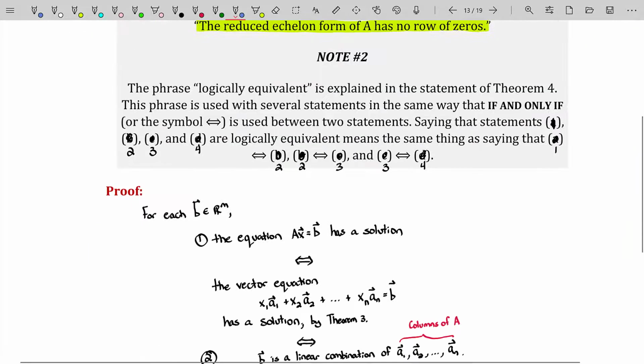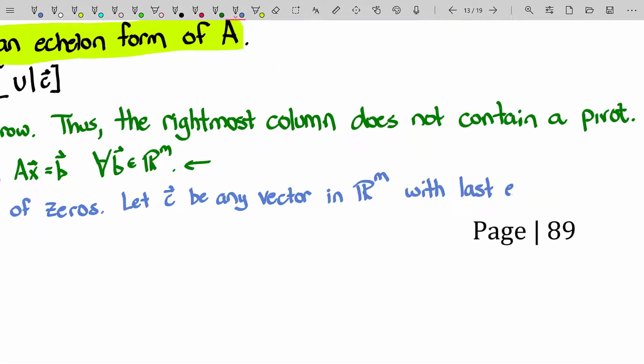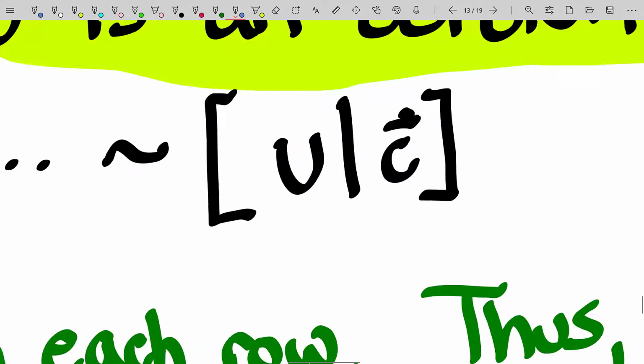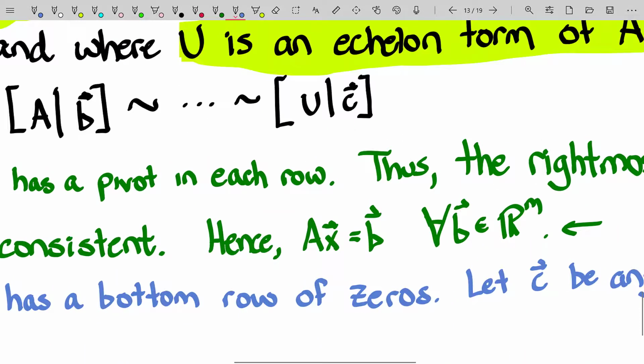Well, one very easy vector to choose. We're going to let C, again, we're working with this augmented matrix right here, be any vector in Rm where the very final entry is non-zero. Now remember, U is the echelon form of A, and we're pretending as though A does not have a pivot in every single row.